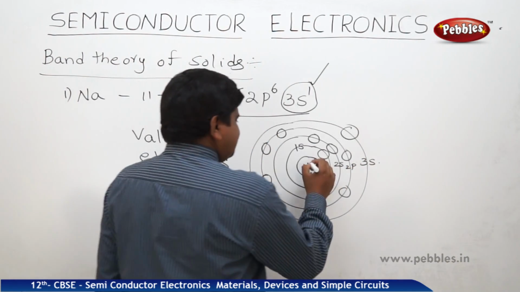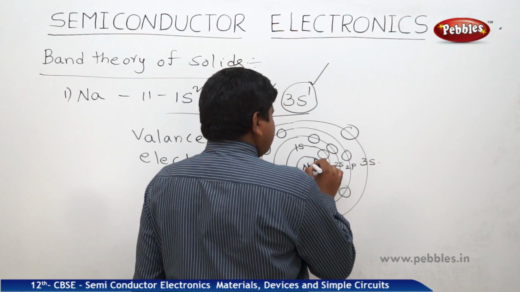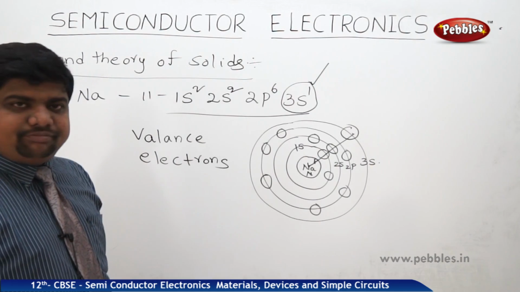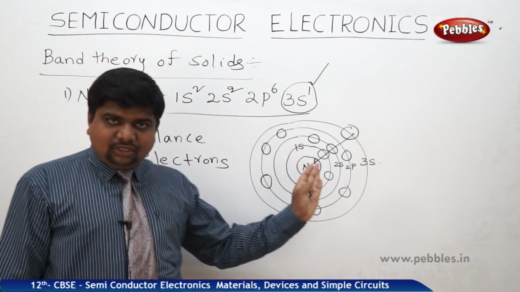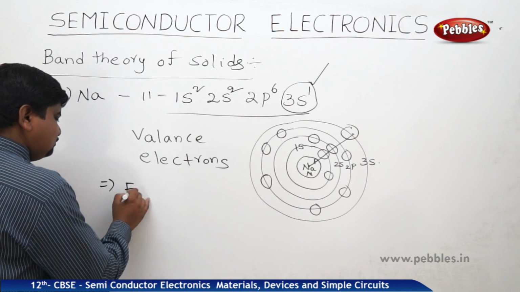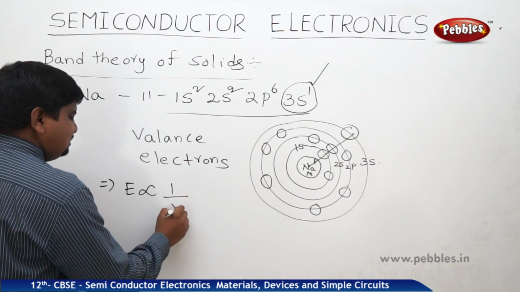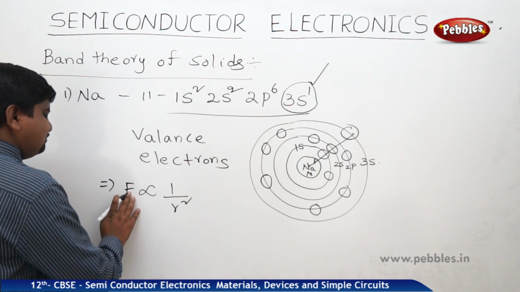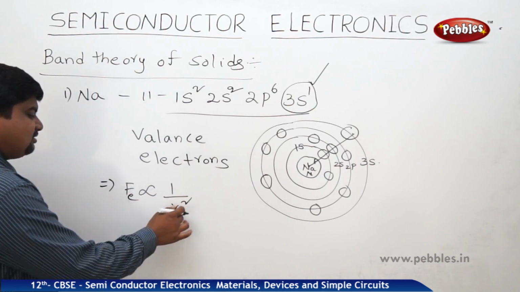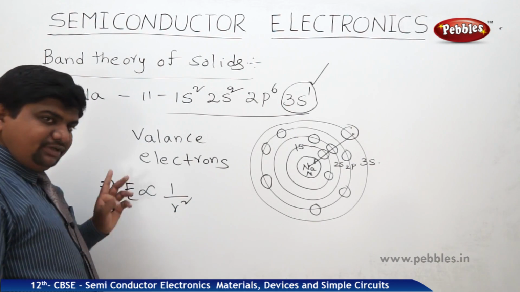The distance from the center of the sodium nucleus to the 3s1 orbital is far. As the distance increases, the electrostatic force, which is inversely proportional to the square of the distance between them, decreases. As R increases, the force Fe decreases.